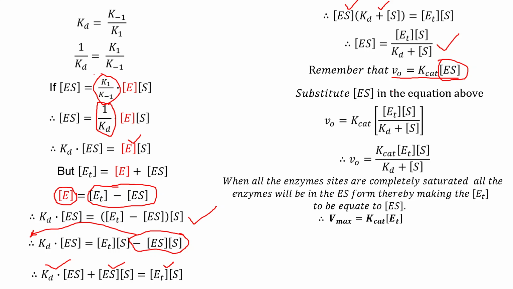So at the maximum velocity, the Vmax will be equal to Kcat multiplied by E total, which is what you have here. So we are going to replace this and call it the Vmax. And when you call it the Vmax, we now have V0 equal to Vmax multiplied by S all over Kd plus S.